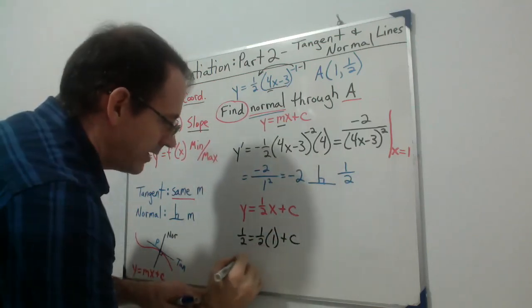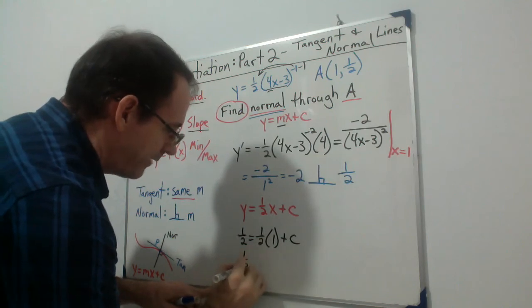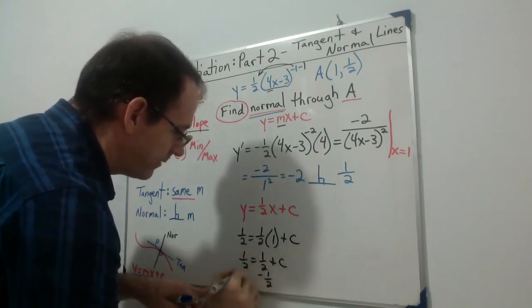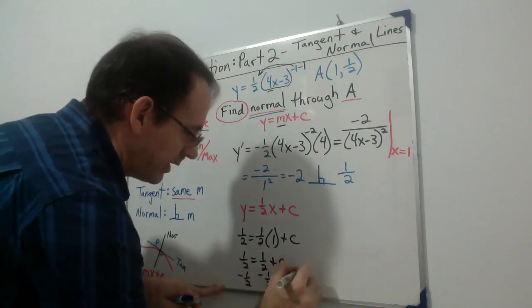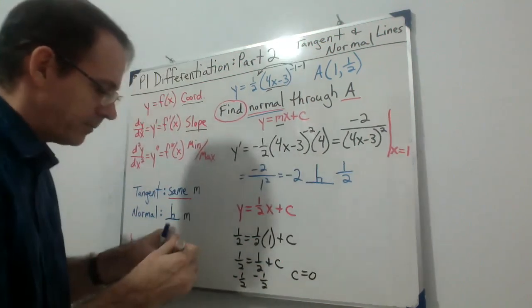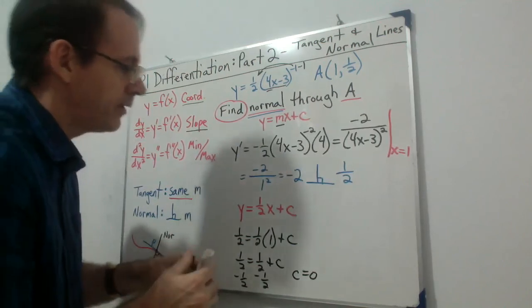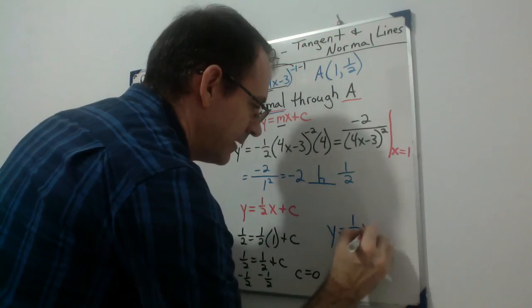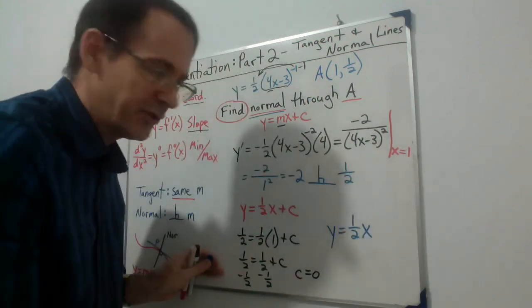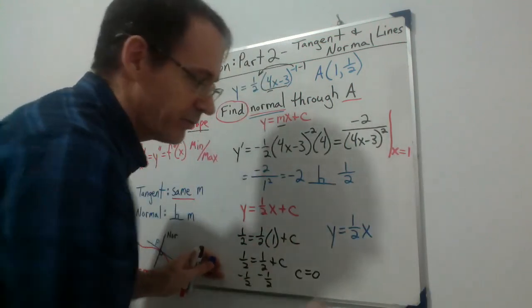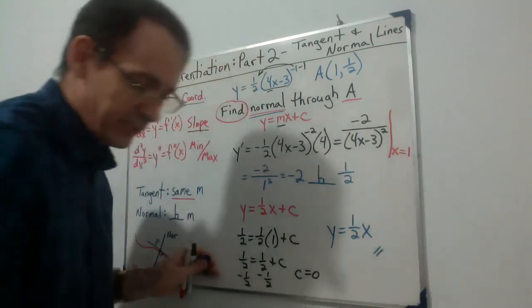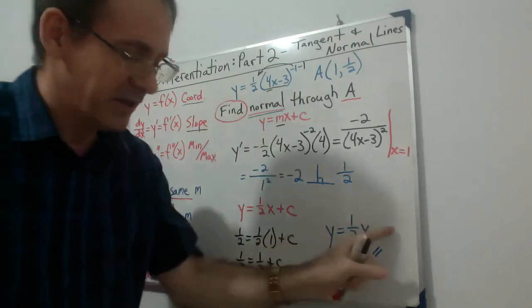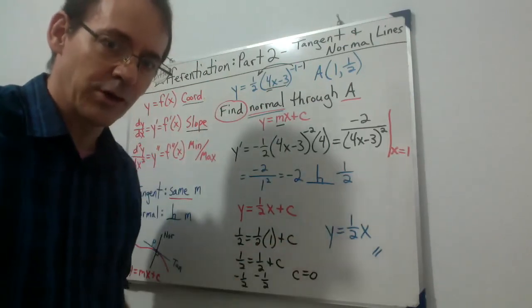So here we end up with 1/2 equals 1/2 plus c. Subtract 1/2, subtract 1/2, and we get c equals 0, meaning that our normal line is just y equals 1/2 x. The c is an understood 0, meaning this is going through the origin, although that's not what the question is. The question is just find the normal, and this is the normal, the equation for the normal.